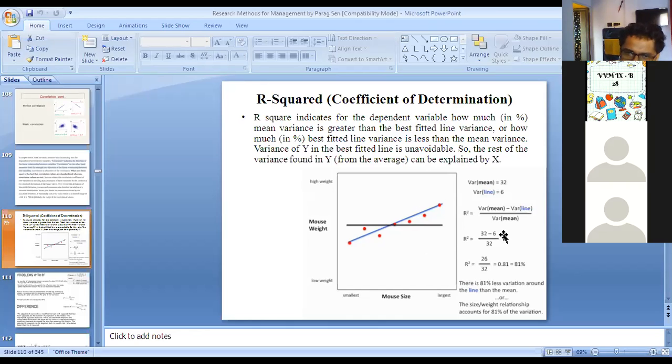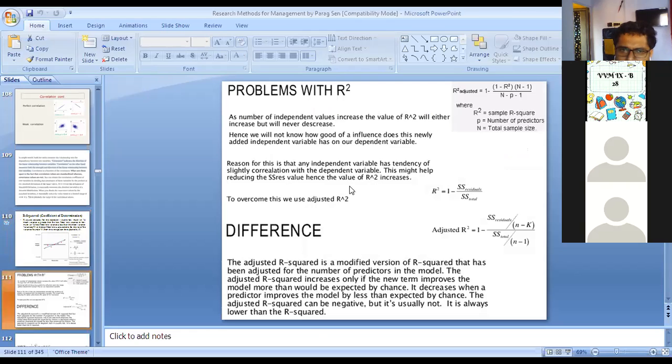So you can segregate the common out of the uncommon things, and that variance is being explained by your independent variable x. So this is your R square value. If the R square value is high, that means there is a very strong relationship between your independent variable and dependent variable.